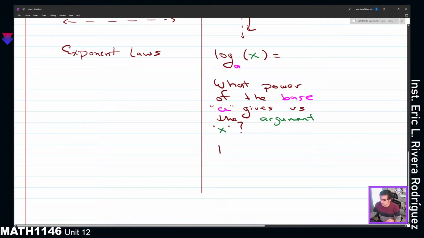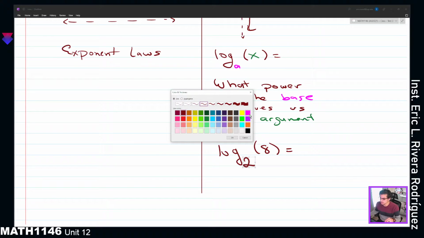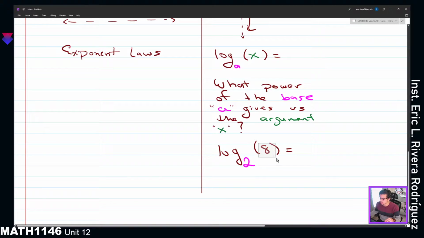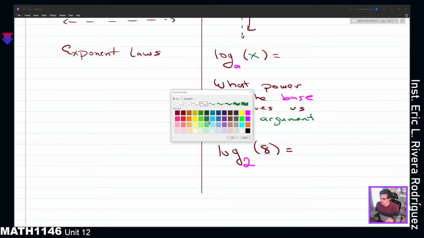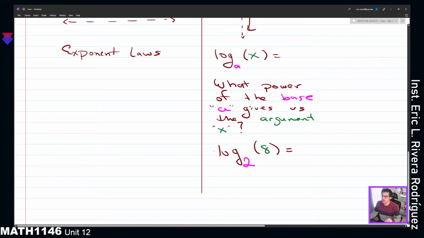A concrete example: log base 2 of 8. What power of 2 gives us the argument 8? What is the exponent that we need to put on top of 2 to get a value of 8?